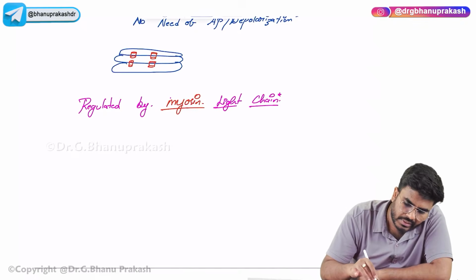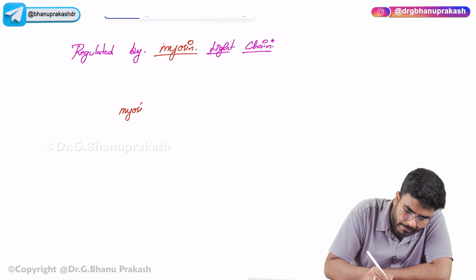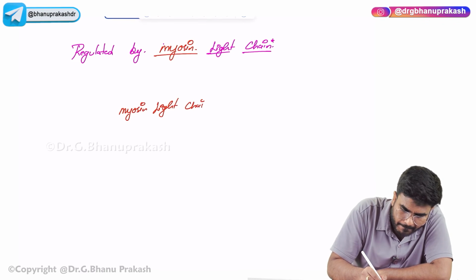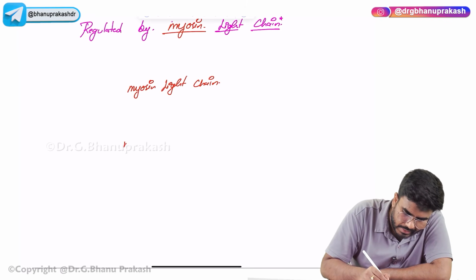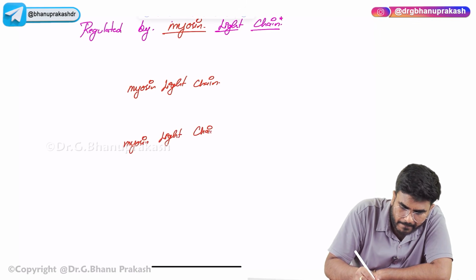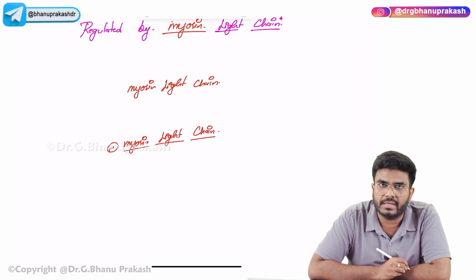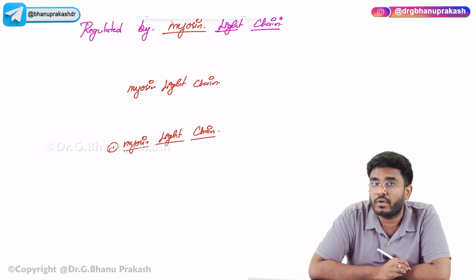Look here carefully. Let me write myosin light chain. Normally, myosin light chain is not in a phosphorylated state.